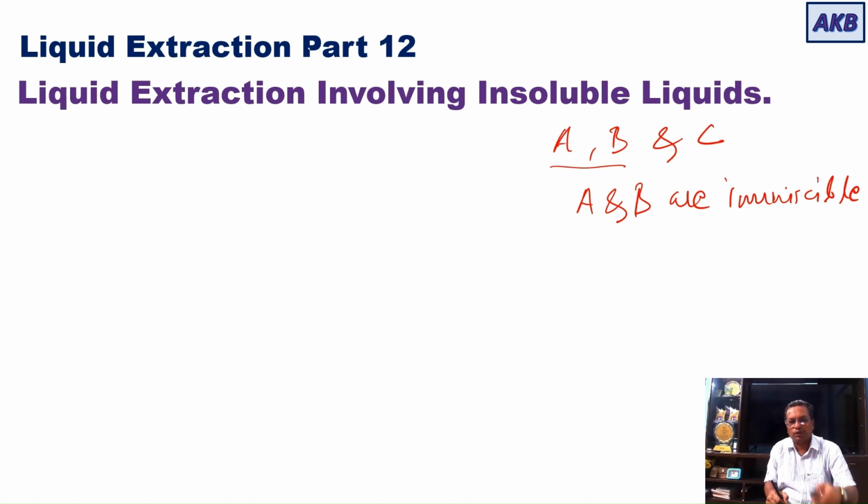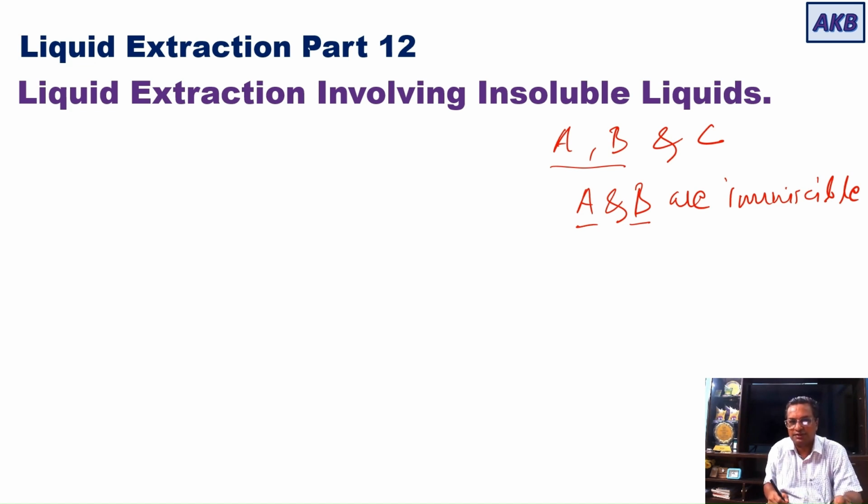And in this particular video, I will talk about how to represent the ternary equilibria when you have insoluble liquids, A and B. In my previous discussions, I had considered a system where A and B were partially miscible.